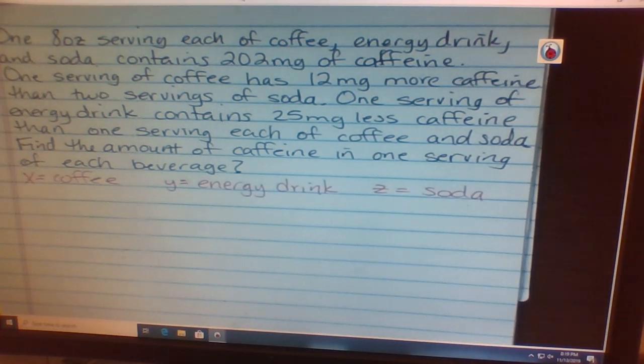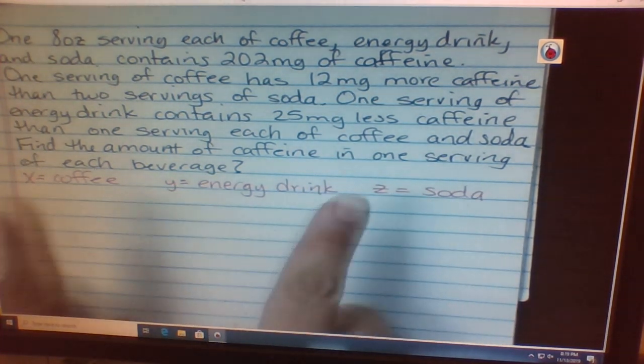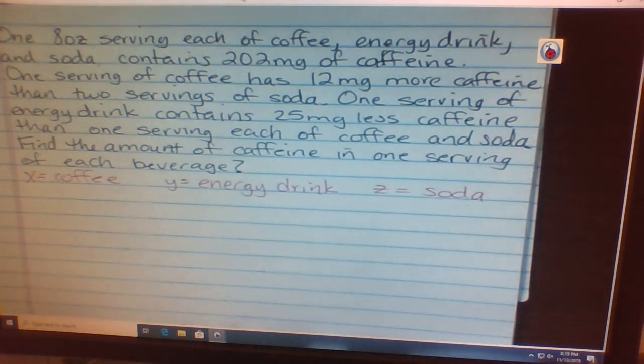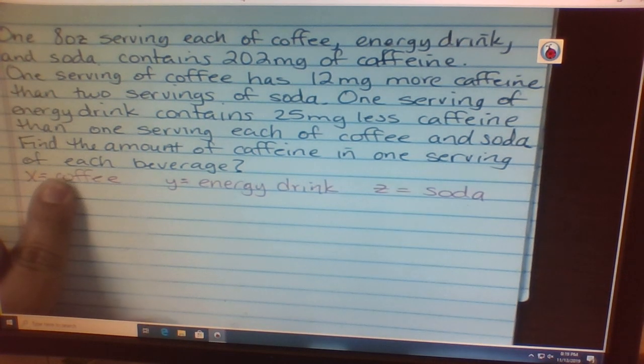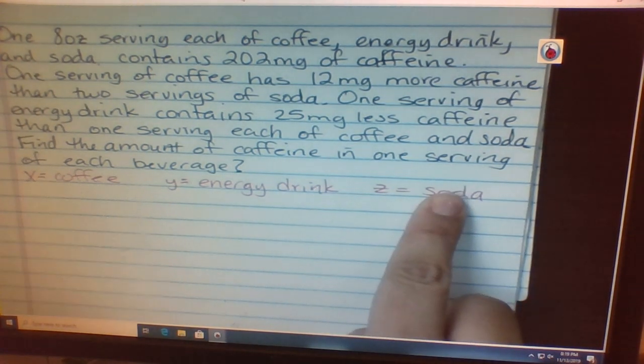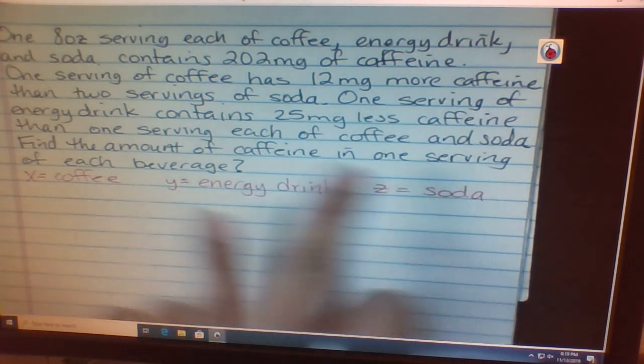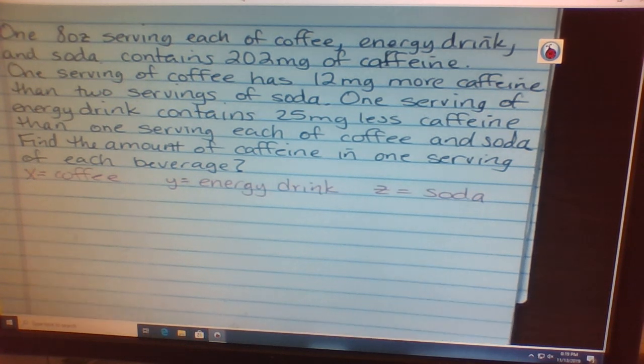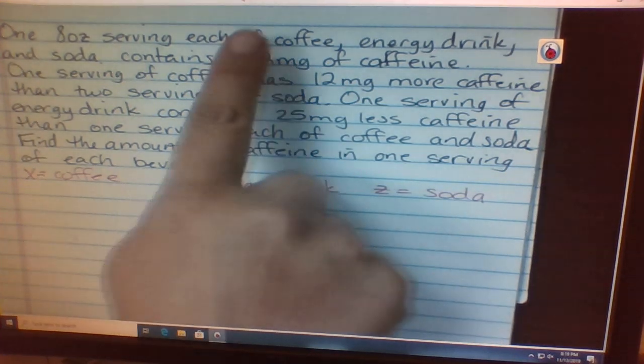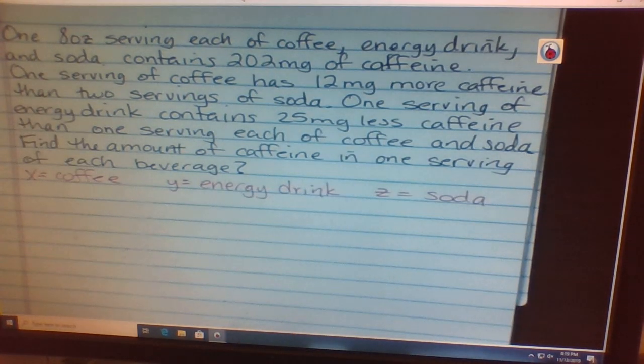Now, I don't want you to think, oh, if I switch these, are my answers going to be wrong? They're not going to be wrong. It's just my X is going to say 50, your Z is going to say 20, but for me, it's going to say it the other way around. But if you know who's who, you're going to be okay. I usually like to keep X, Y, Z in order as they are mentioned.